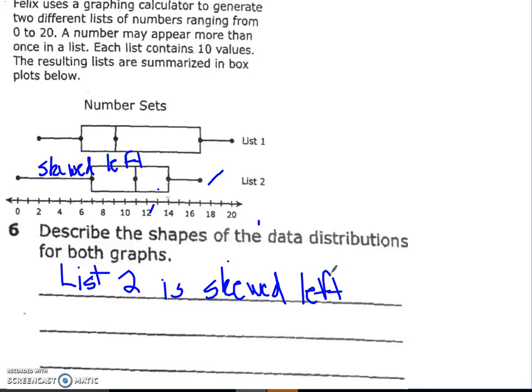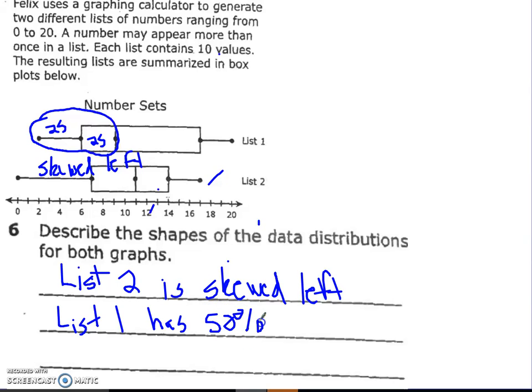We could just state a fact, something simple. You could say something like this. It could be anything. You could say list 1 has 50% of the data below 9. Okay? Alright, let's take a look at the other side.